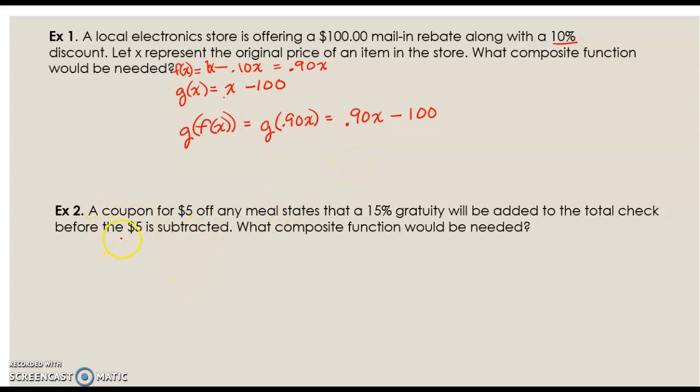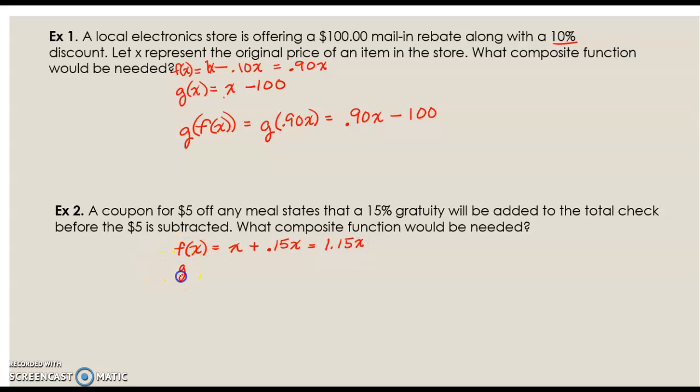All right, this second one, a coupon for $5 off any meal states that a 15% gratuity will be added to the total check before the $5 is subtracted. So, you would have the bill, which is X, but they're going to add a 15% gratuity. So you get 1x plus this would be 1.15x.